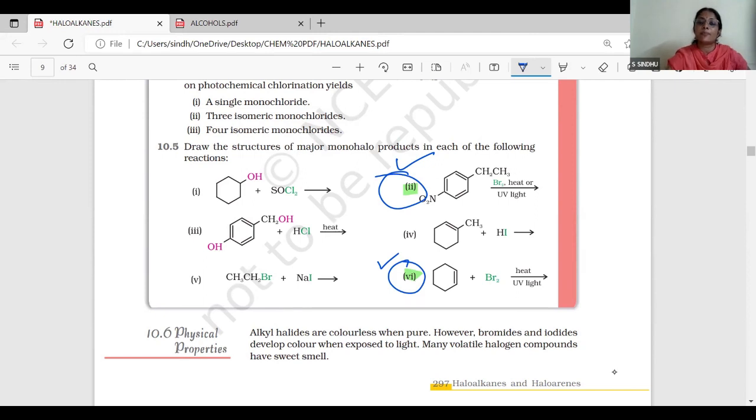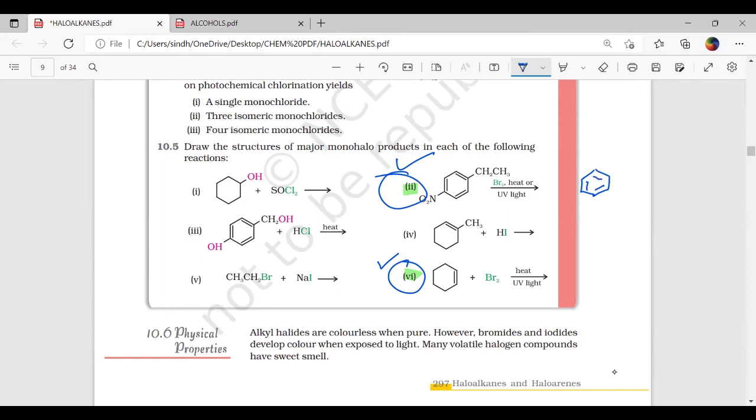What do we give as the product here? What process goes on? Mechanism? Free radical. Yes, sir. So what will be the product?